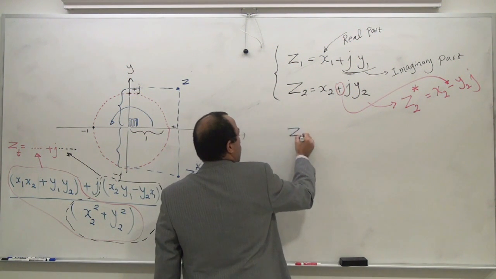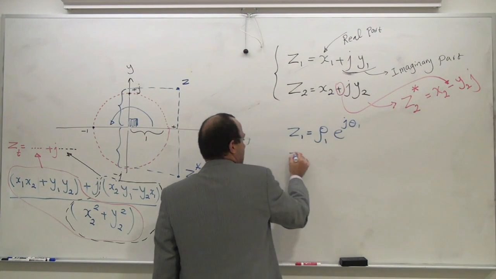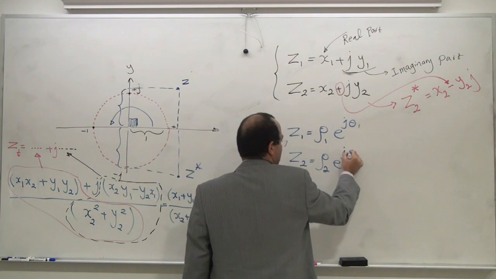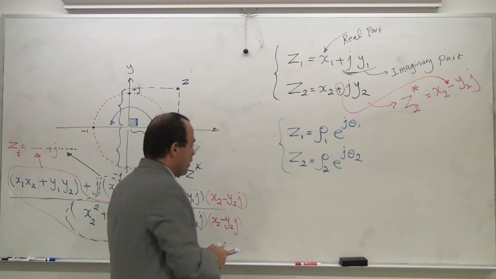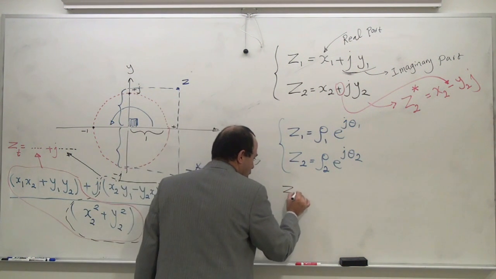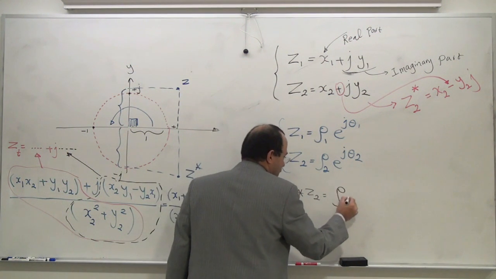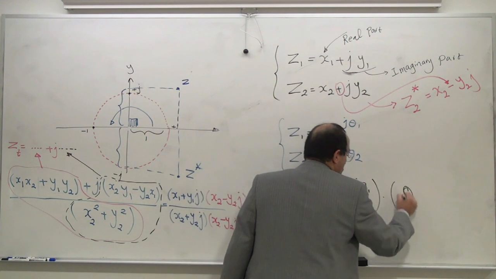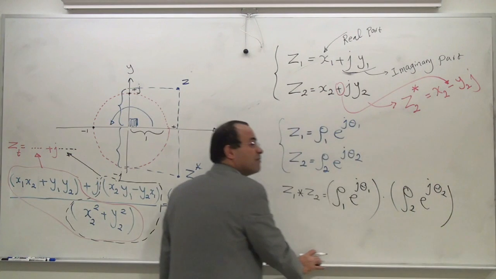If I have z1 equal to rho 1 e to the power of j theta 1 and z2 equal to rho 2 e to the power of j theta 2, what can I do in terms of multiplication? Multiplication, z1 times z2. You have rho 1 e^(j theta 1) times rho 2 e^(j theta 2).